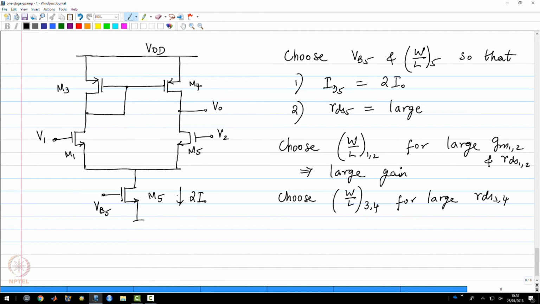So these are the ways in which we would choose this. Later on, once we study the other aspects of this particular circuit, which is called a one-stage op-amp, we will be able to choose these in a little bit more detail. But for now, we will say that these are the conditions that will be used.